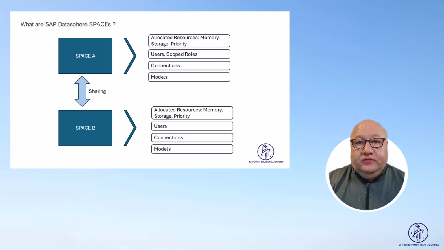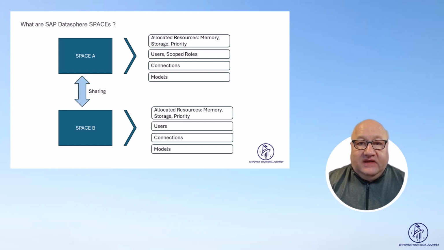In simple terms, spaces in SAP Datasphere are a secure virtual work environment. Spaces provide an isolated and organized way to manage your data, resources, and allow for collaboration across teams.